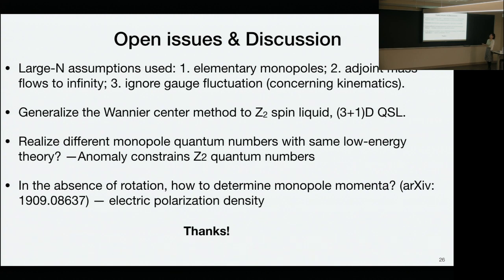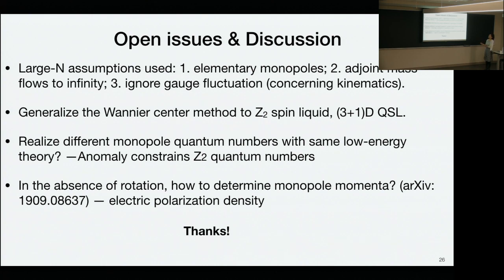Throughout the talk, I've been making various assumptions to justify the approach, and most of them are based on a large N limit. So first, in the large N limit, all the elementary monopoles carry a vector representation of the SO(6) flavor group.